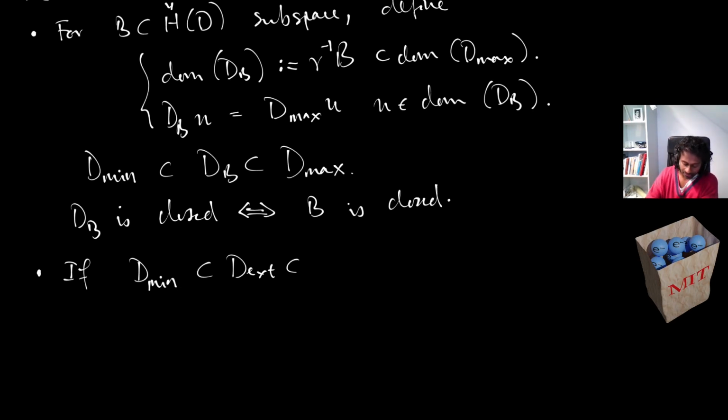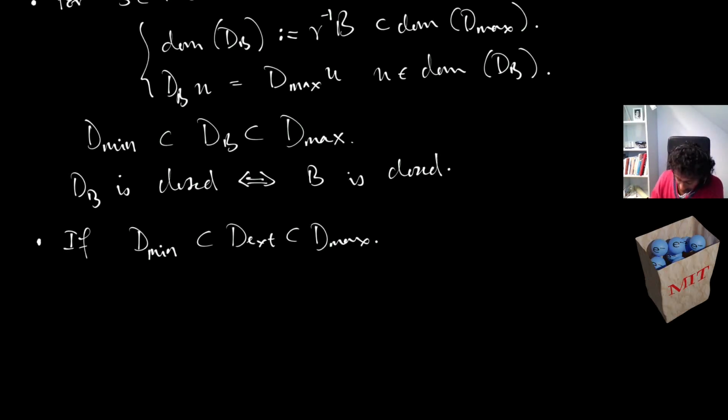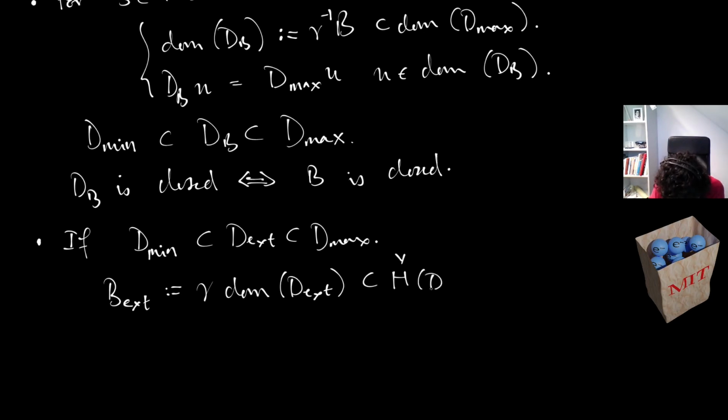So now if I have some operator, an extension of D min sitting inside D max, then I can define Bx to be equal to gamma acting on dom Dx. So this is now a subspace of this check space.